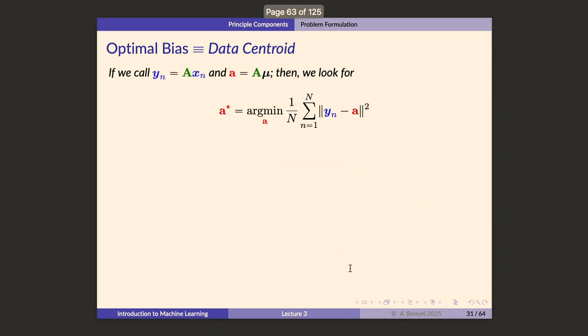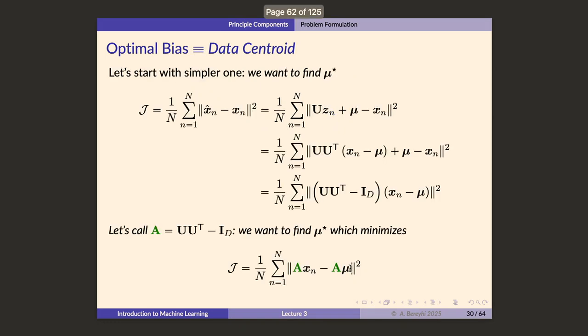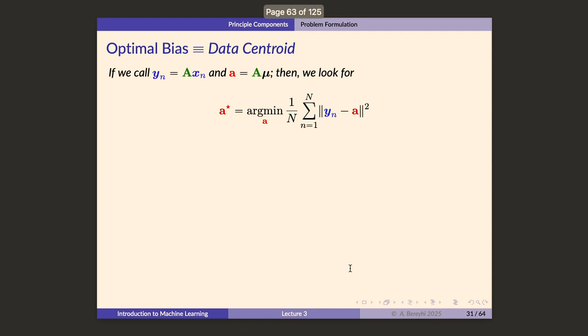Now, if I define A times X to be a new vector, say Y, and also call A mu another vector, say a, then this distortion is basically the average of all these Y minus a terms. Everybody agrees?